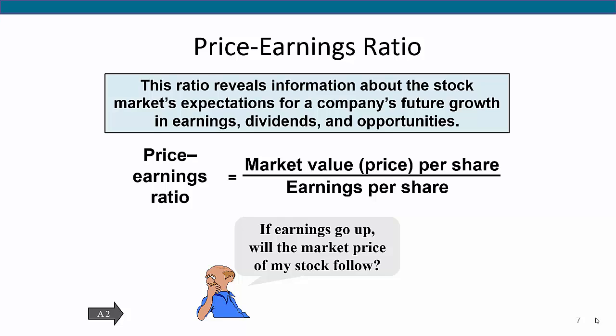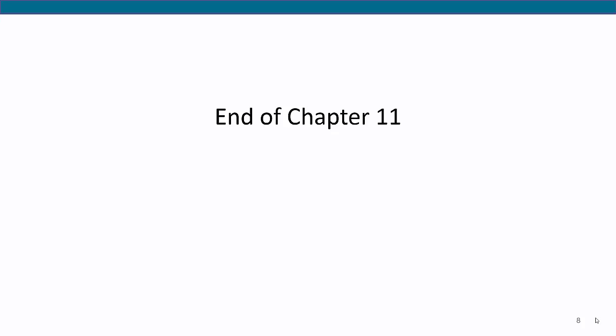This is one of the most popular ratios cited. Some analysts interpret this ratio as what price the market is willing to pay for a company's current earnings stream. Price-earning ratios can differ across companies that have similar earnings because of either higher or lower expectations of future earnings. The price-earnings ratio is calculated by dividing the market price per share by the earnings per share.